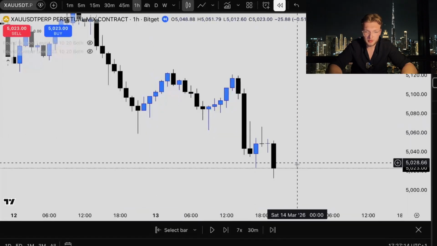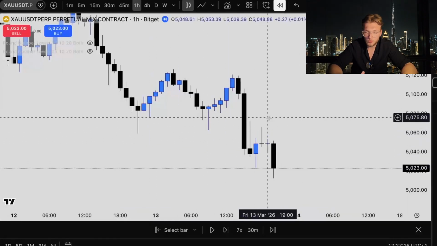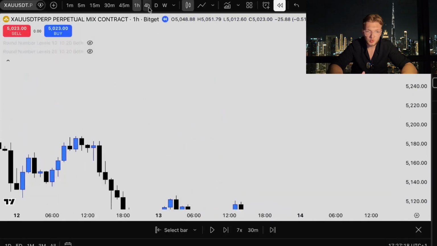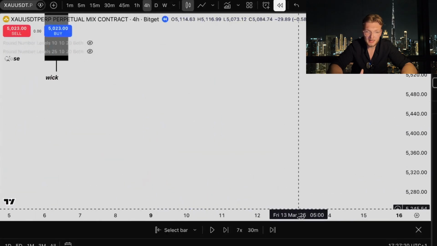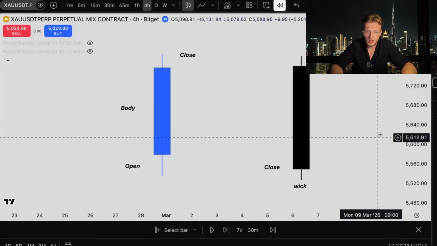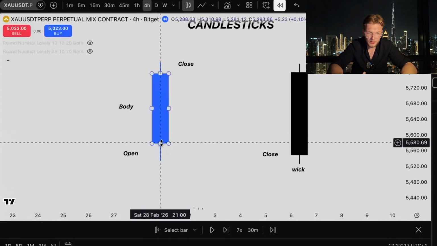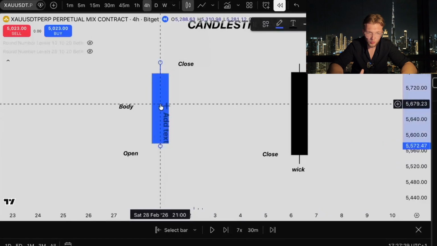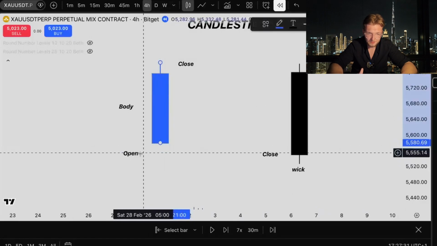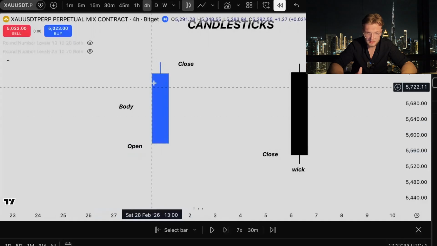What is also super important is those wicks. What are those wicks at the end? Those wicks at the end are just where the market was. So for an example, let me show you like this. When this candle opens here at the bottom, it doesn't have a wick.